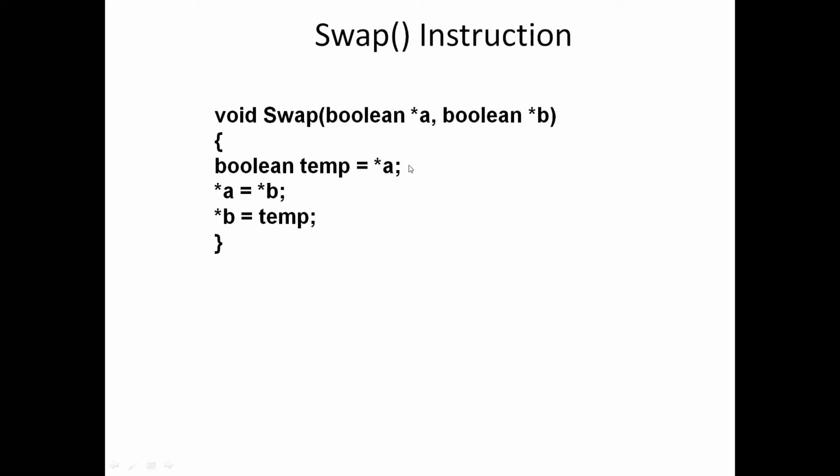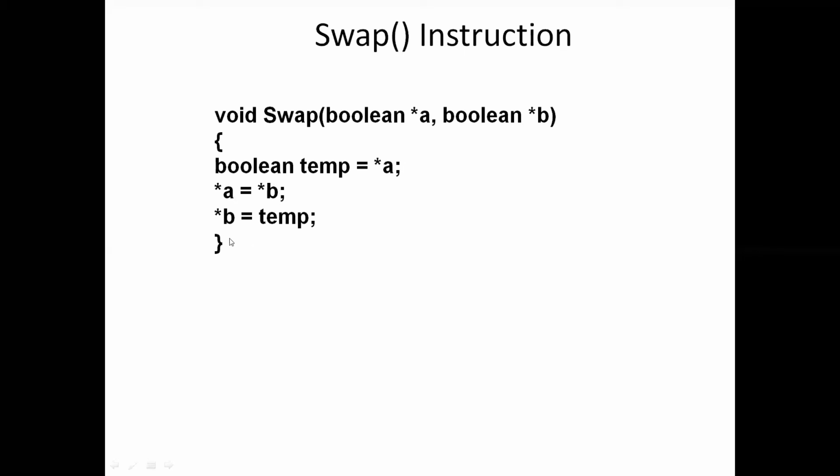Here we are swapping the values inside the memory locations. Assume that initially a is holding true, so the true will be stored in temp. Now assume that b is having false, so we are assigning false to a by using the statement *a equal to *b. The false will be assigned to a.